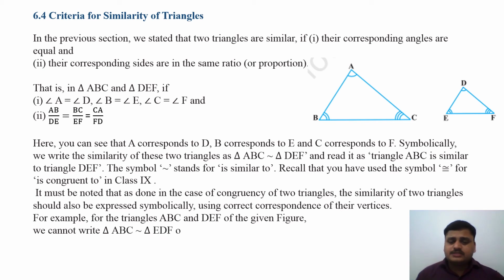We can write only triangle ABC is similar to triangle DEF. We cannot write triangle ABC similar to triangle EDF, or triangle ABC is similar to triangle FED. Both will become wrong.